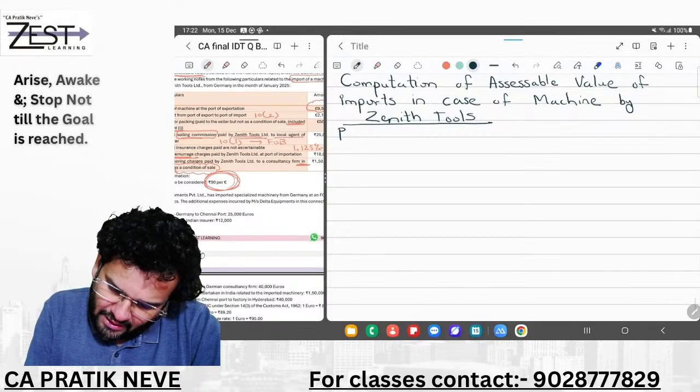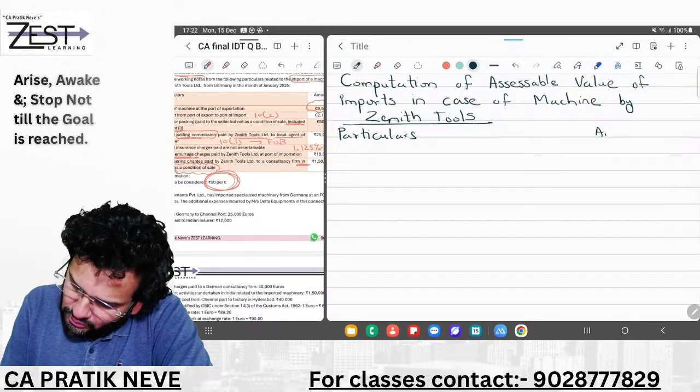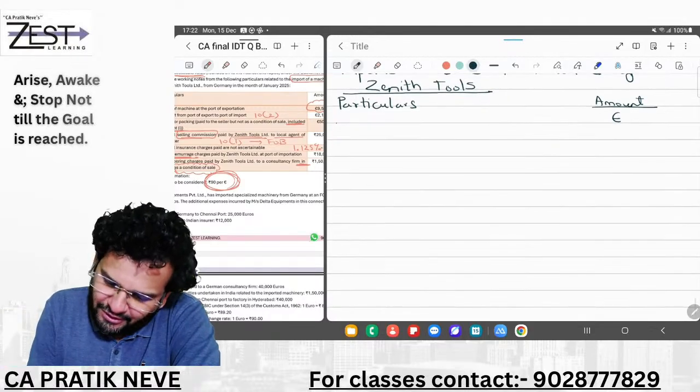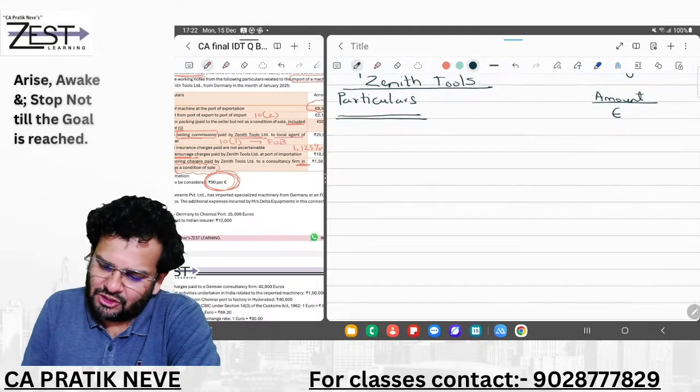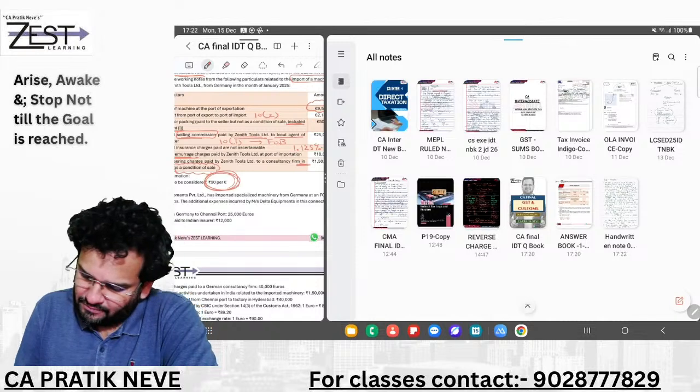Particulars, and originally the figures are in euros, so amount in terms of euros. At one point we will need it in rupees, then we will change the currency. But first take it in euros.